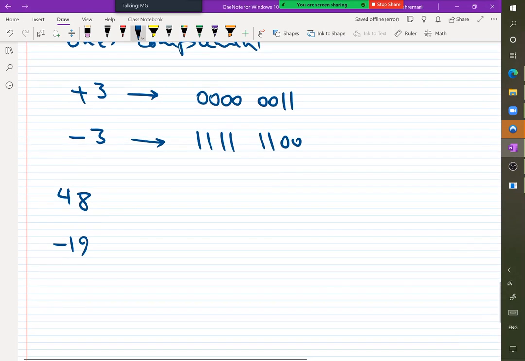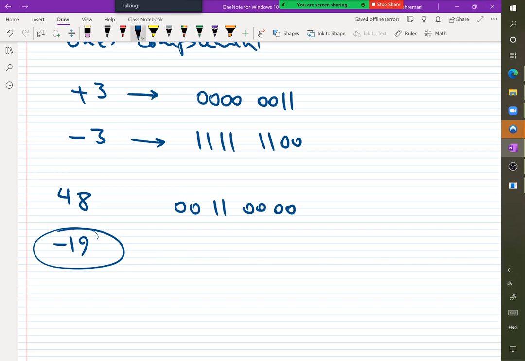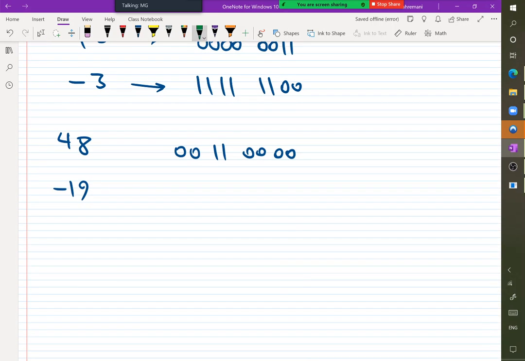We want to subtract these numbers, so 48 minus 19, or we can say add 48 and negative 19. 48, of course, is 0, 0, 1, 1, 0, 0, 0, 0. What is negative 19? In order to find negative 19, first we need to find 19 and then complement the bits.